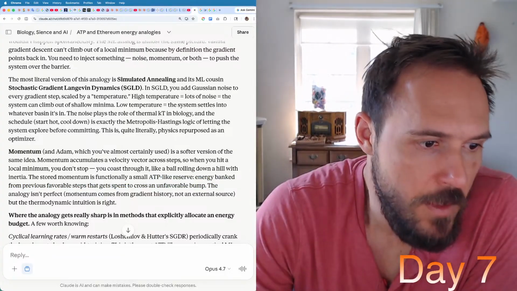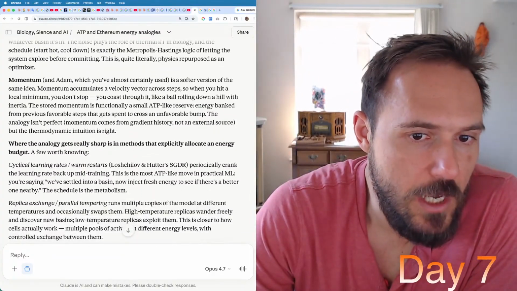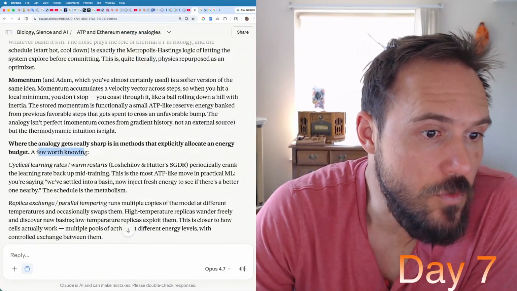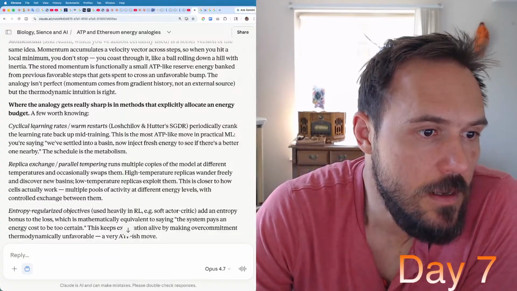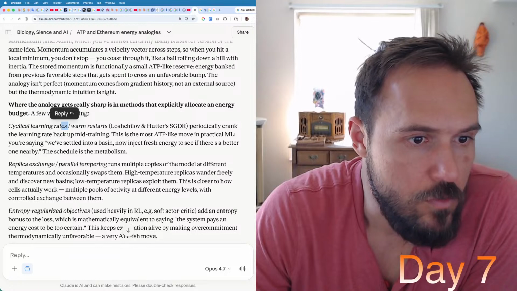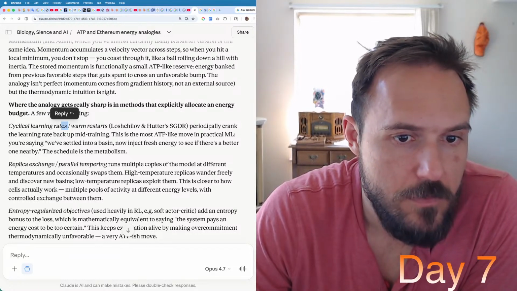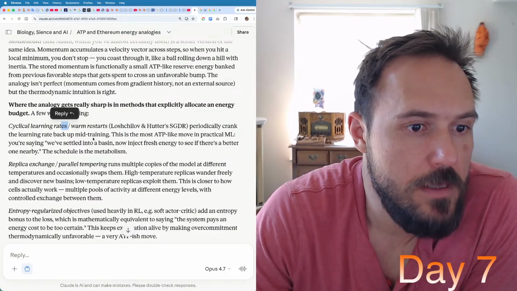Yes. Where the analogy gets really sharp is in a method that explicitly allocates the energy budget. Cyclic learning rate, warm restarts. Periodically crank the learning rate back up in mid-training.